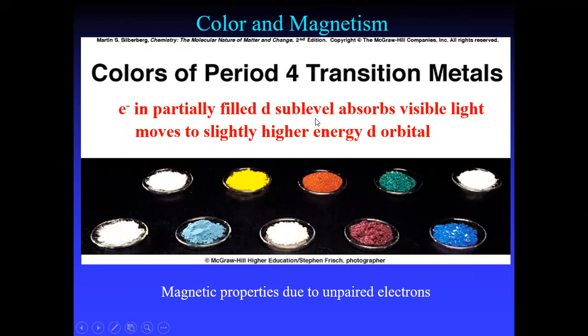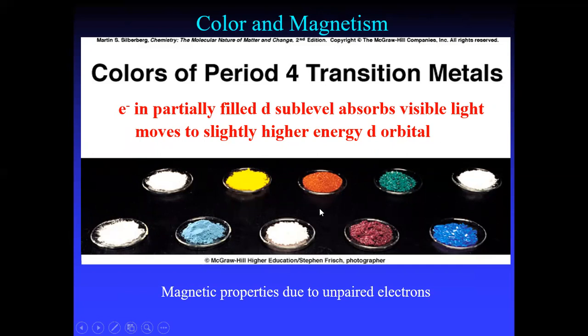Electrons in the partially filled d subshell absorb visible light or move towards a slightly higher energy d orbital. They exhibit different colors. The color of the ion depends upon the ligand bonded to the metal.